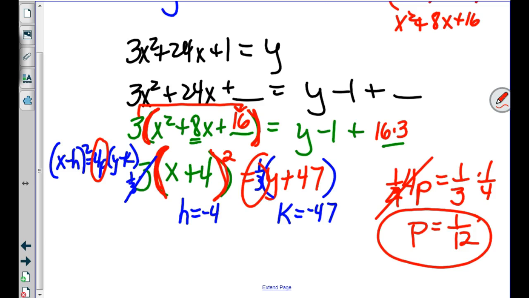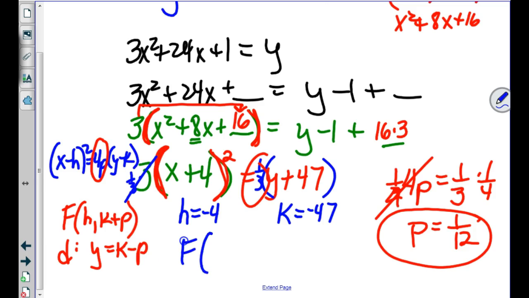Oh, okay. Yes, it is. Okay. So on that sheet, guys, for a parabola that has x quantity squared, that's an up or down parabola, it says the focus is h comma k plus p, and the directrix is y equals k minus p. So we just got to be real careful.